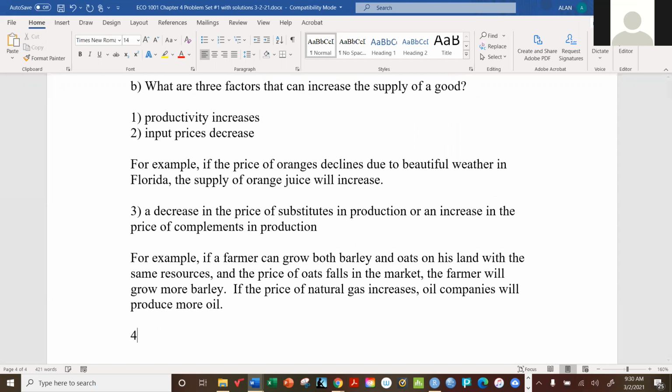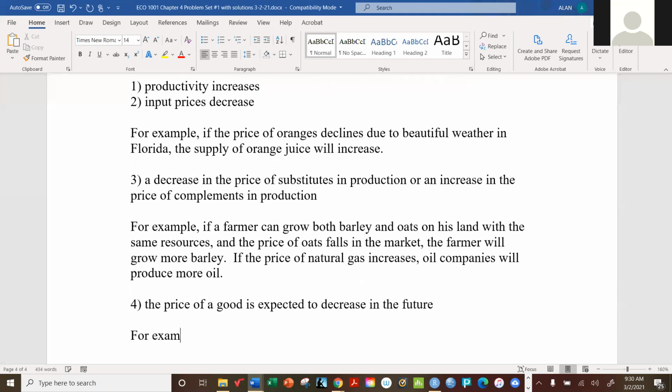All right, now number 4: the price of a good is expected to decrease in the future. Okay, so for example, let's think of a good example of this.